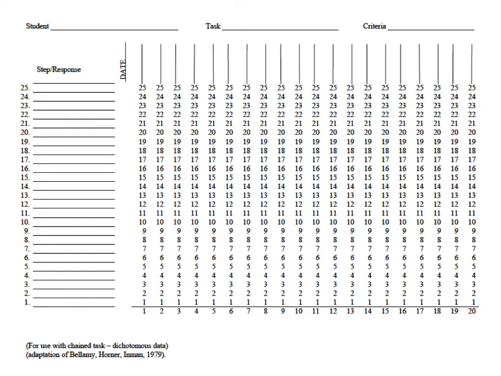From 1 to 25, I don't know how many steps you will have, but you will write down each step of the chained behavior and see if the child can complete each step. You will circle or cross out, it's up to you, so you can count how many steps the child can complete independently or with help, depending on your objective description.